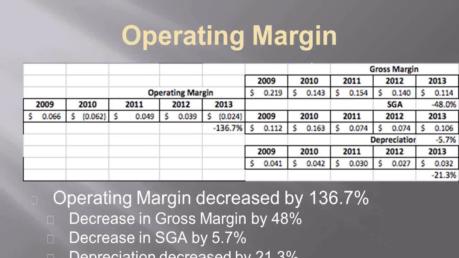If we take a little deeper and look at the operating margin, it decreased from 0.066 in 2009 to negative 0.024 in 2013. The main reason for that decrease is because of the gross margin, which decreased from 0.219 to 0.114.